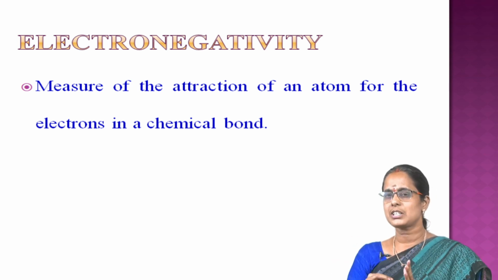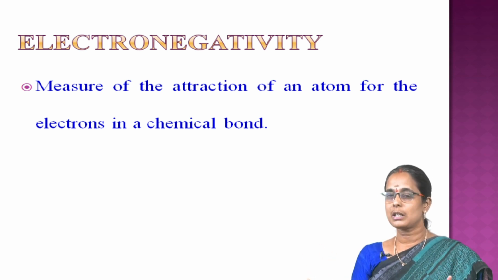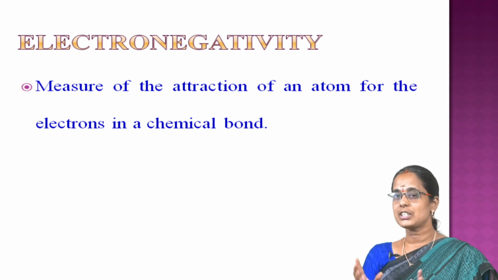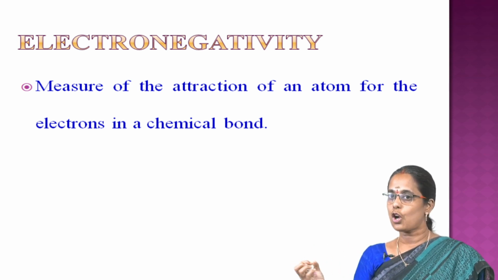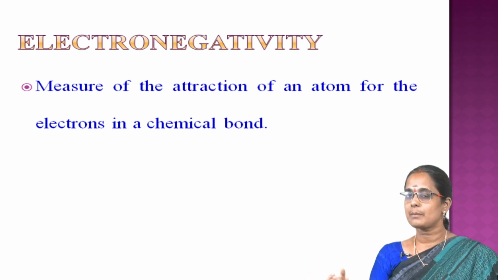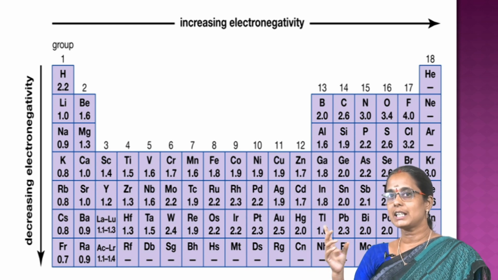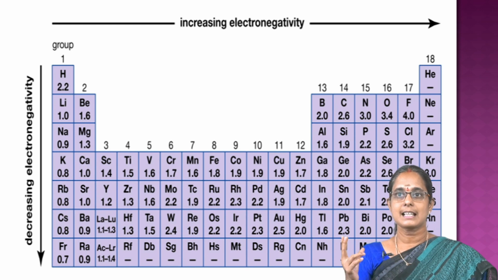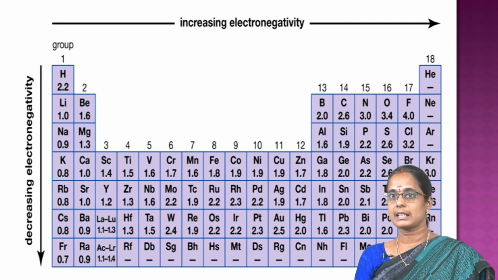Elements with low ionization energy have low electronegativity because their nuclei do not exert a strong attractive force on electrons. Elements with a high ionization energy have high electronegativity due to the strong pull exerted on electrons by the nucleus. In a group, the electronegativity decreases as the atomic number increases, as a result of the increased distance between the valence electrons and the nucleus.